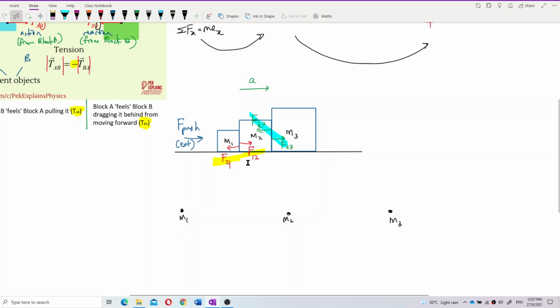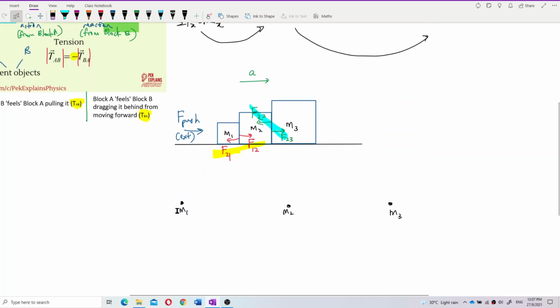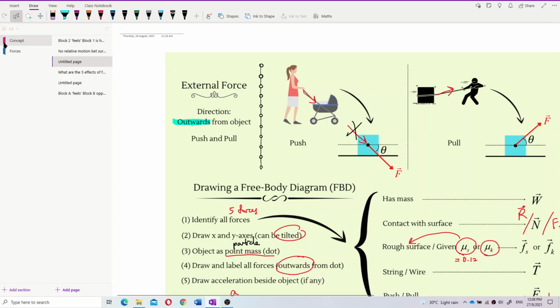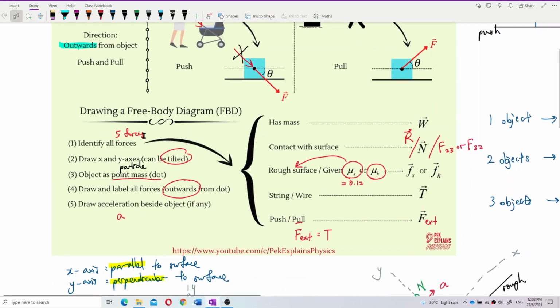Okay. Now let's draw. Mass 1 feels the pushing force directly. So you should put pushing force here. Do we draw the force towards the point mass? No, we always remember when drawing free body diagram, all the forces must outwards from the dot.